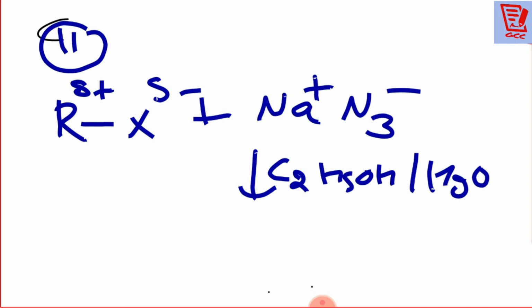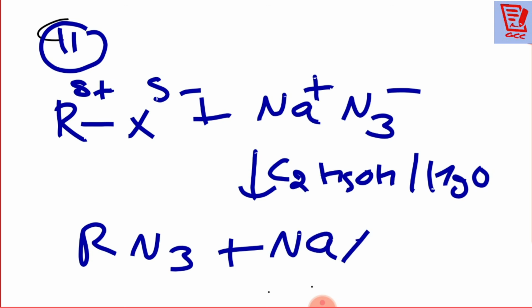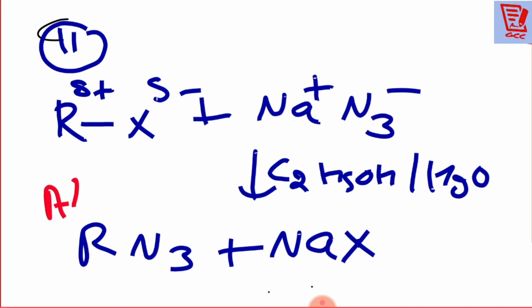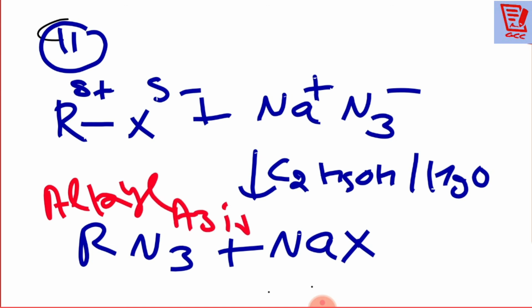And what am I getting there? RN3 plus NaX. This is called alkyl azide. What do you call it? Alkyl azide. Okay, this one we are going to form over there.